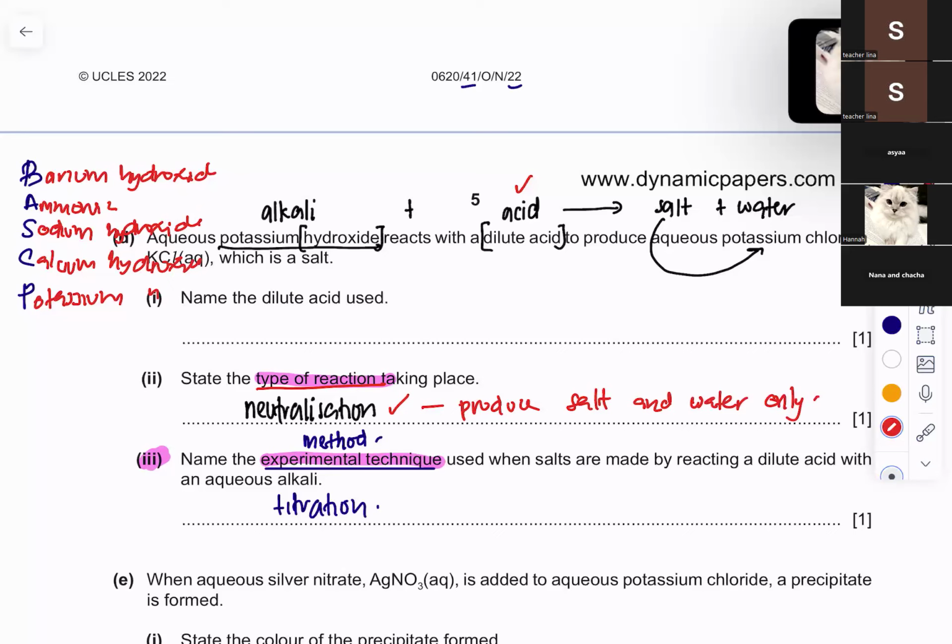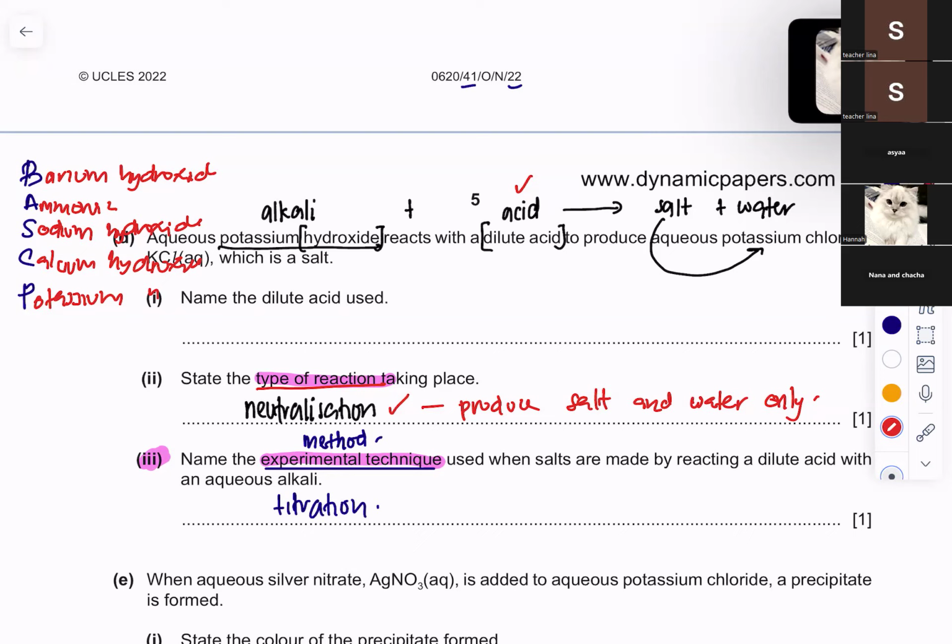If you produce salts and hydrogen gas, it's not neutralization; it's another reaction. If they produce salt plus carbon dioxide and water, they have carbon dioxide, so that one is still not neutralization. So neutralization only produces salts and water.